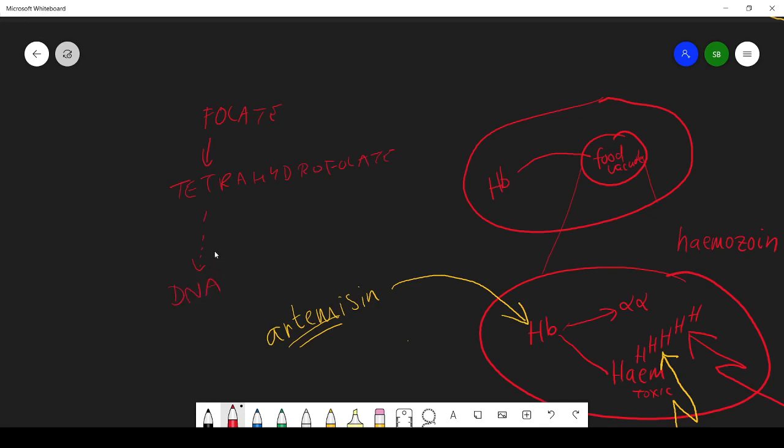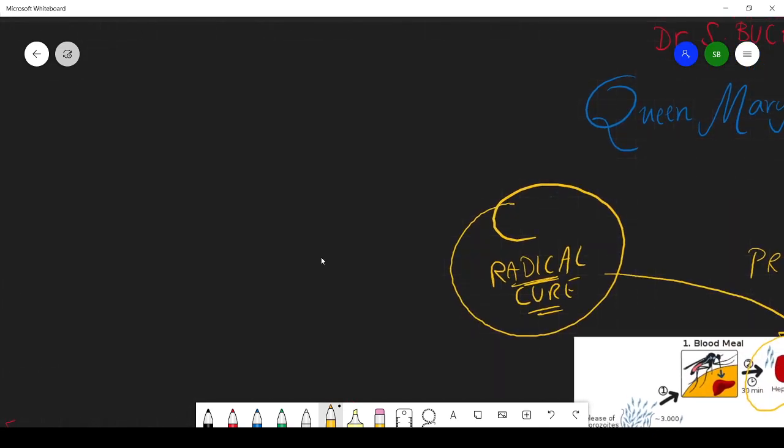And drugs such as proguanil act to prevent the synthesis of tetrahydrofolate. So they're interfering with the folate pathway just like antibacterials. So that's a summary of the current drugs used to treat malaria.